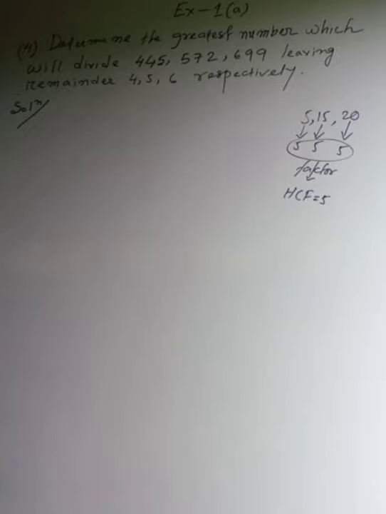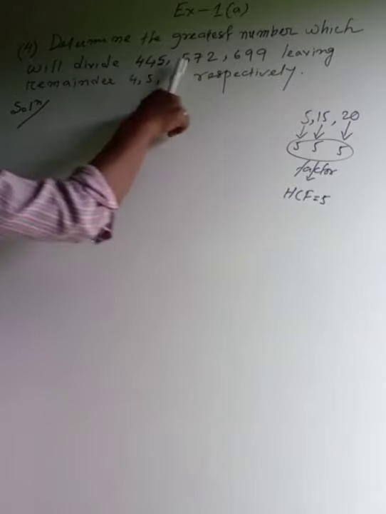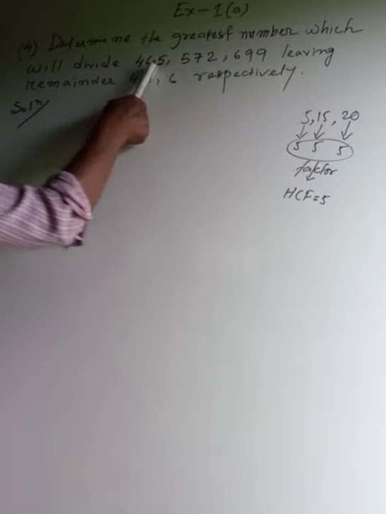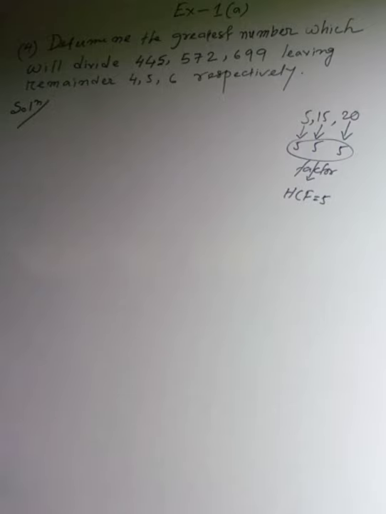Similarly, since they have given the remainders 4, 5, 6 for the numbers 445, 572, 699, how can we get that number?